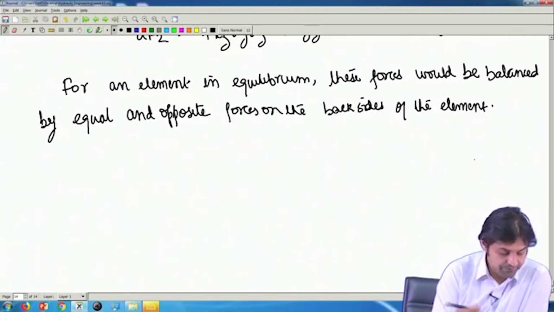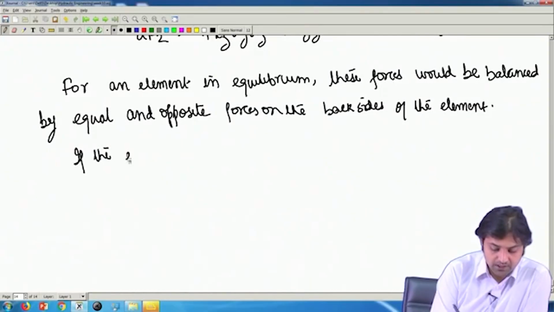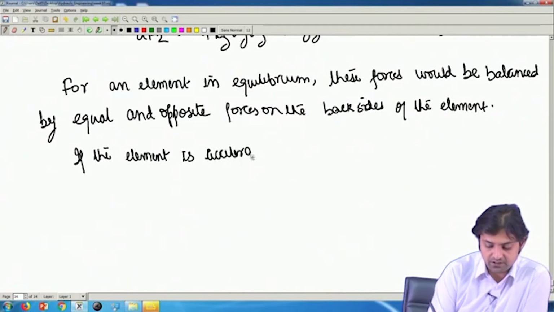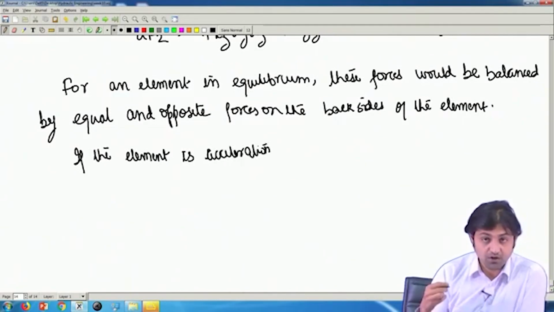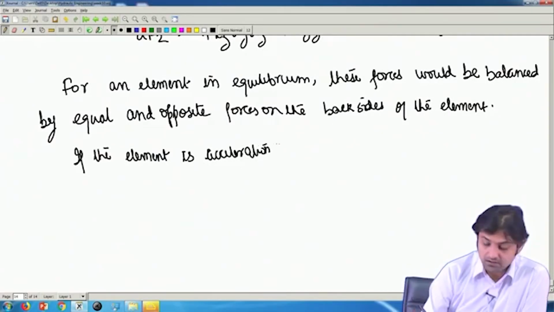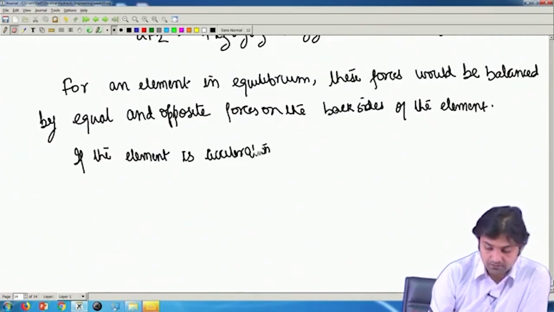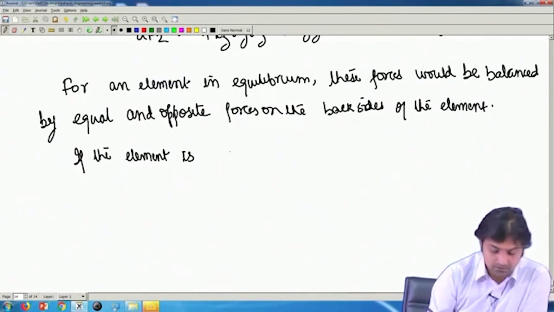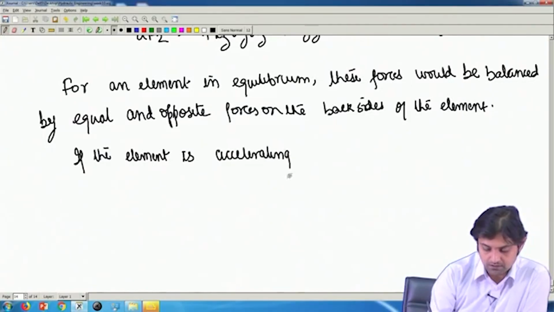Let's say, just assume the element is accelerating, okay. So that means the forces are not balanced. Accelerating, this is A, okay.